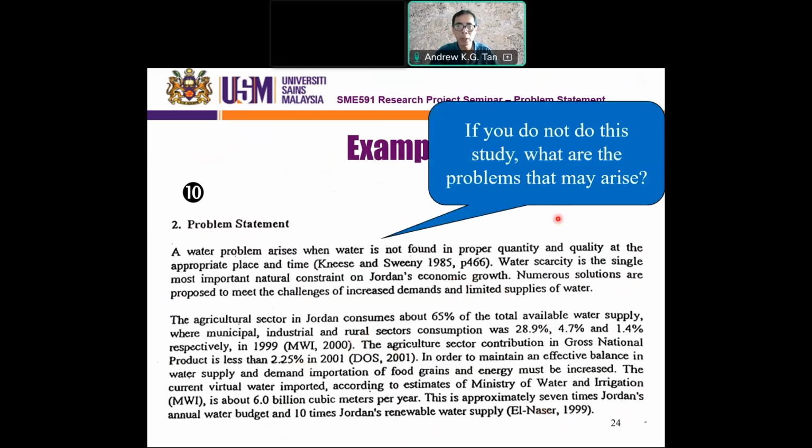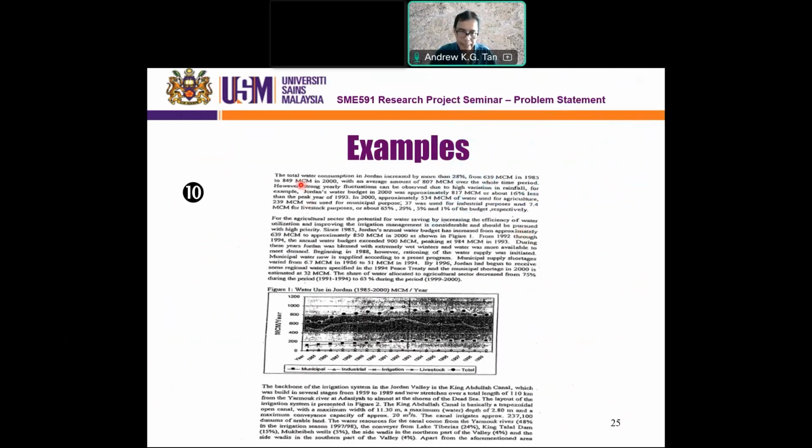Okay, if you ask this question here, what are the problems that may arise? The same student will give you figure 1. Water use in Jordan. All right, statistics. All over statistics, citations, year, figure 1. In the problem statement, one page, more than one page already.